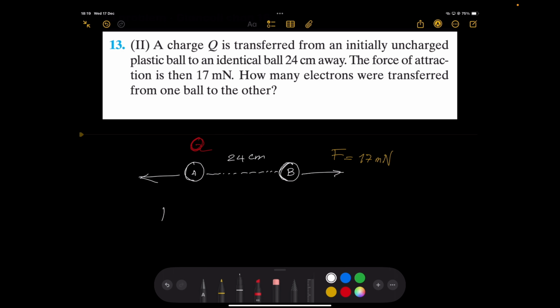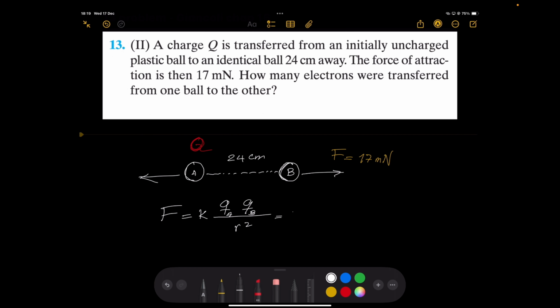So we're going to use again the equation of the famous guy, Coulomb. This is Coulomb's constant, times the charge of particle A times the charge of particle B, over the distance squared.